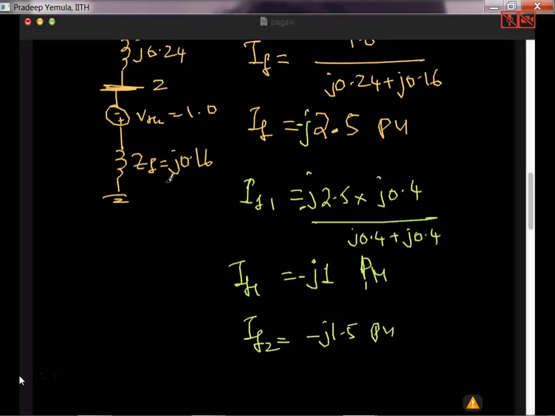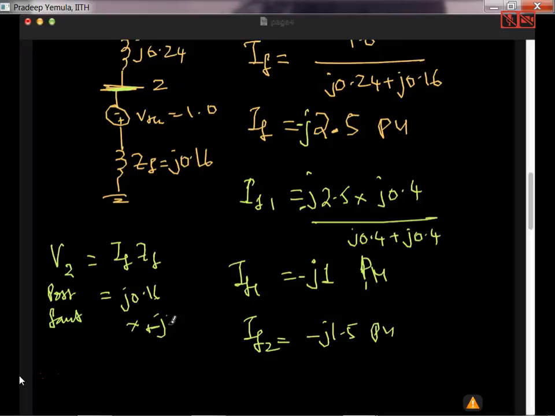So we can also find the voltages. What is V2 post fault? Voltage of bus 2 after the fault is nothing but IF ZF. So J0.16 into minus J2.5, so that will be 2.5 into 0.16, so 0.4 per unit.